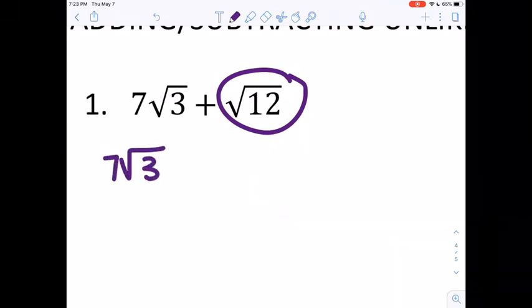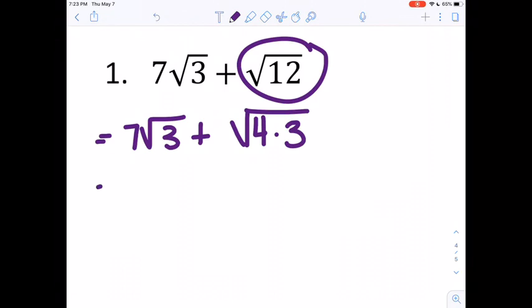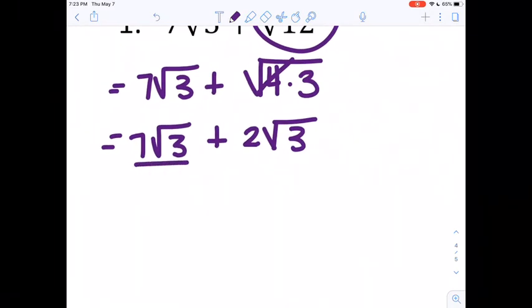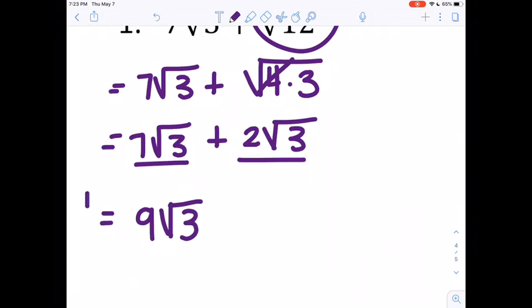So what I'm going to do is I know a perfect square lies within 12, right? That's the square root of 4 times the square root of 3. So that radical is actually going to become, well, the square root of 4 is 2, root 3. Well, now that I've simplified the square root of 12, these are now like radicals, and I can combine those. So 7 plus 2, that's 9, root 3.